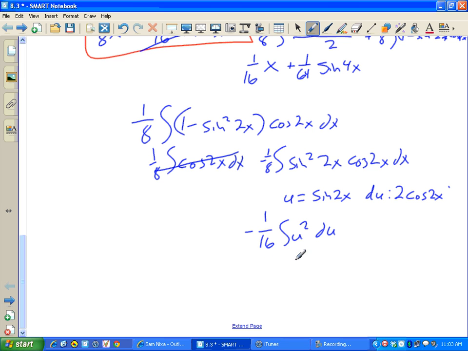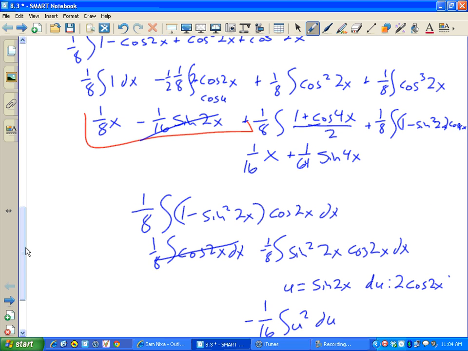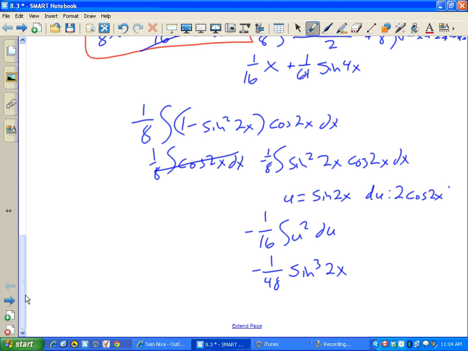So this becomes 1/3. So that would make this negative 1, let's see, times 3 would be a 48. Then it'd be sine cubed of 2x. So I'd have this and these and this plus c.